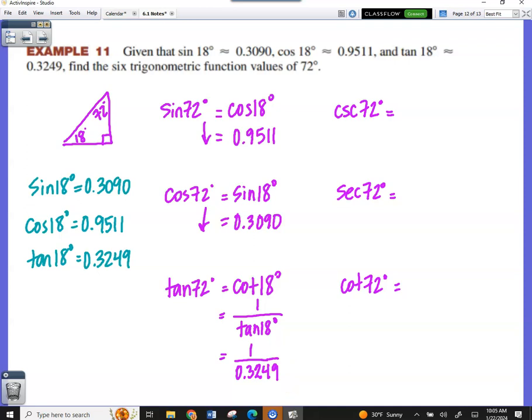and then I could type that in my calculator. 1 divide 0.3249. So quick. Oh my God, I got a calculator right here.